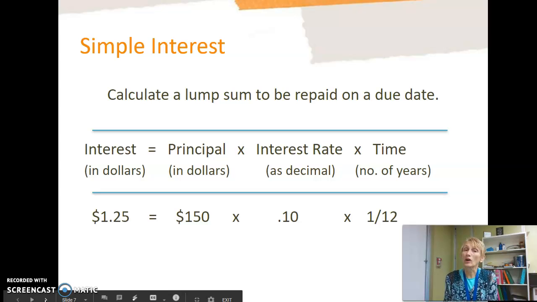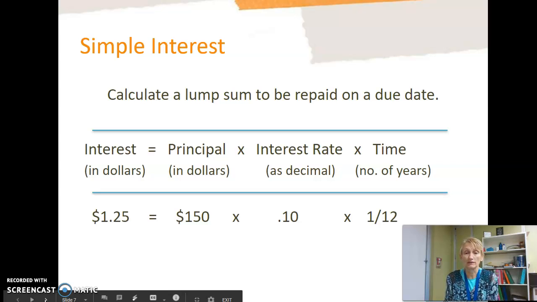So in this case, his interest was not very much because it was only for 1 month. His interest would have only been $1.25 because that's simple interest, which is just the principal times the interest rate. So PRT, principal times rate times time. That interest rate is expressed as an APR, an annual percentage rate.